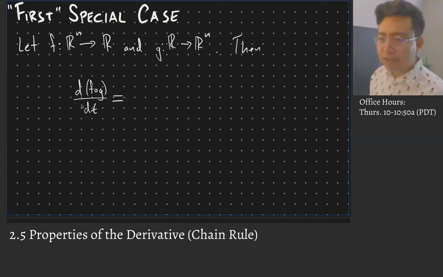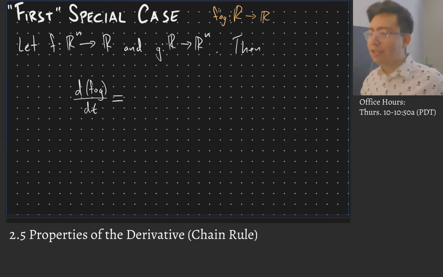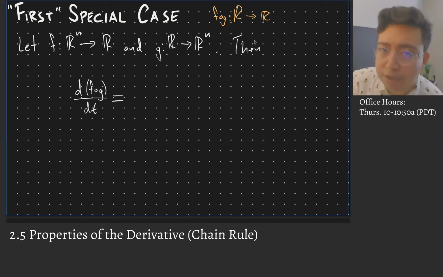And this is just the old fashioned D. That's because in the composition f of G, you work from the inside out, so you start with G. G takes something from R and puts it in Rn, and then F puts it back in R. So this is going to go to R, a single variable scalar valued function, which is exactly the type of function we dealt with in single variable calculus.